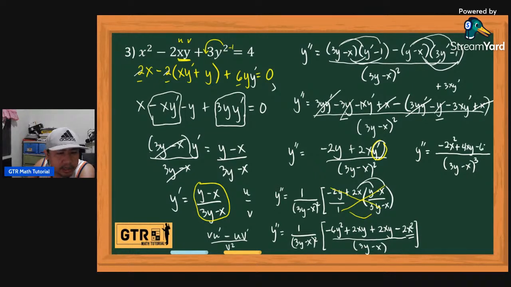As you can see, we can have a factor of x squared minus 2xy plus 3y squared if we factor out the negative 2.